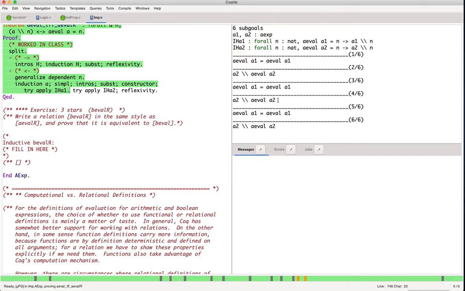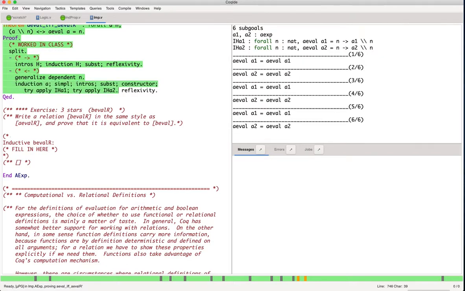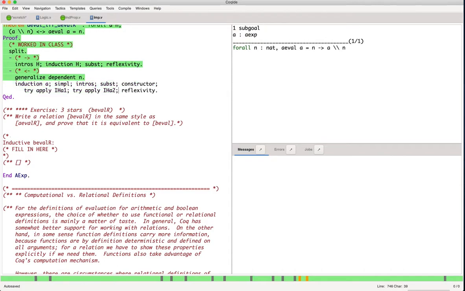And we haven't got an error because we've got a try that's stopping it from crashing out at that point. And then if we stop after the second try, you can see that now all 6 cases have been fixed. And so the reflexivity will now solve them all.